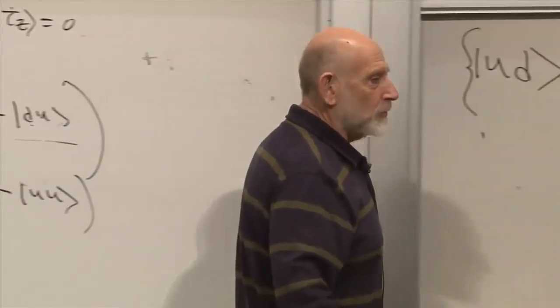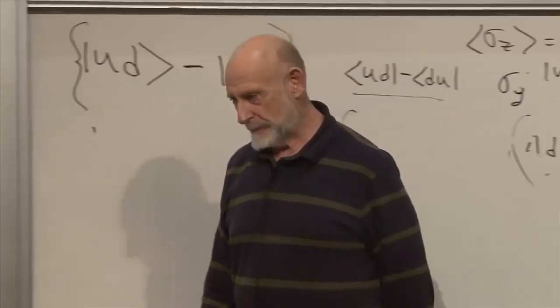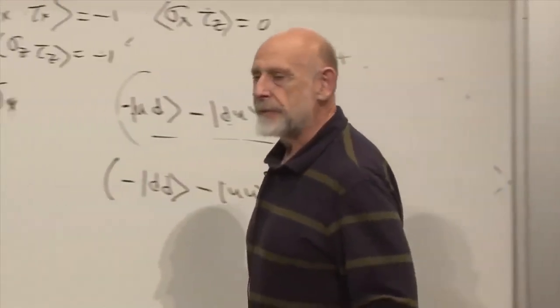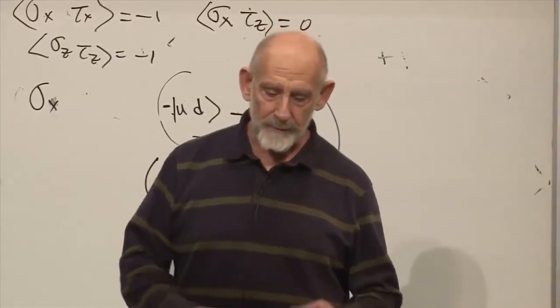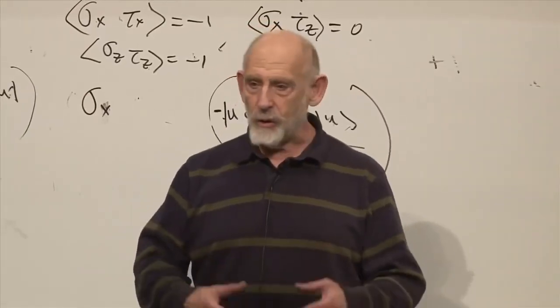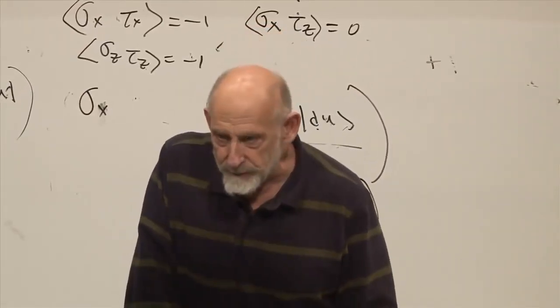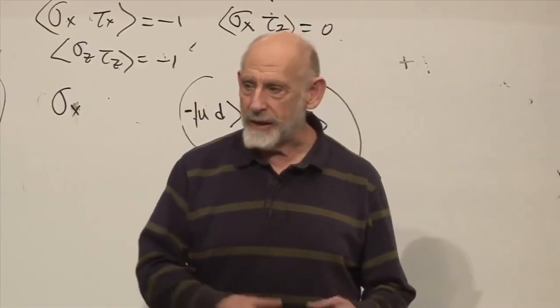Now the question is, could you do the same thing for two spins? In particular, I want to do the same thing for two spins, and I want to do it in such a way that one of the spins, all of its data is located in one computer, and all of the data for the other spin is located in the other computer.